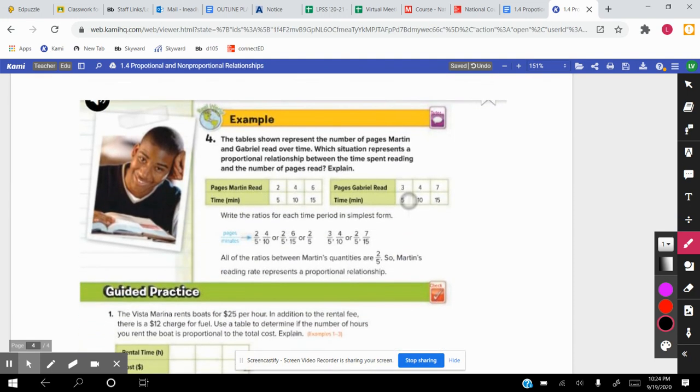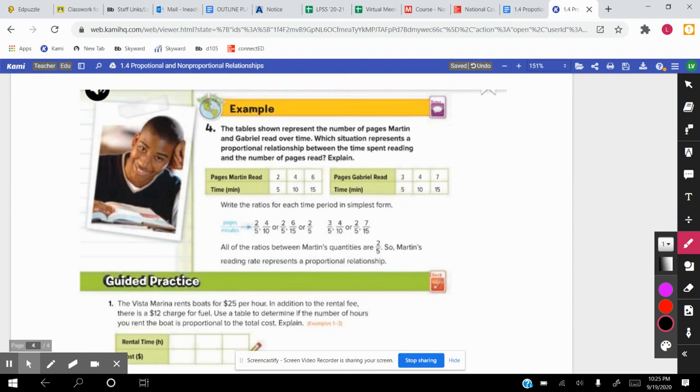Let's continue. Example 4. The tables shown represent the number of pages Martin and Gabriel read over time. Which situation represents a proportional relationship between the time spent reading and the number of pages read? Explain. So we have Martin's reading on the left, and we have Gabriel's reading on the right. So for Martin's reading, you can take the number of pages to the time.